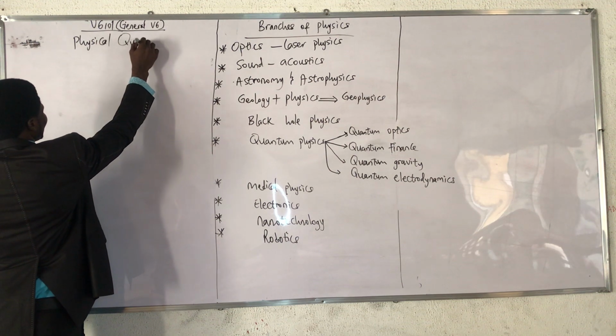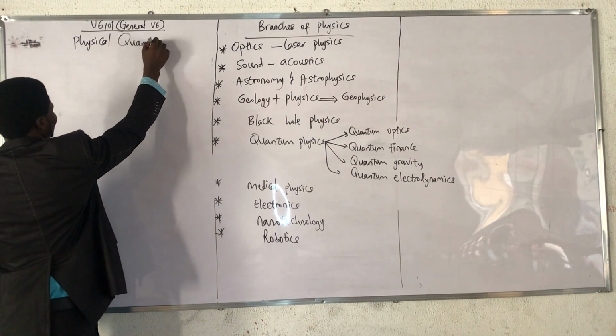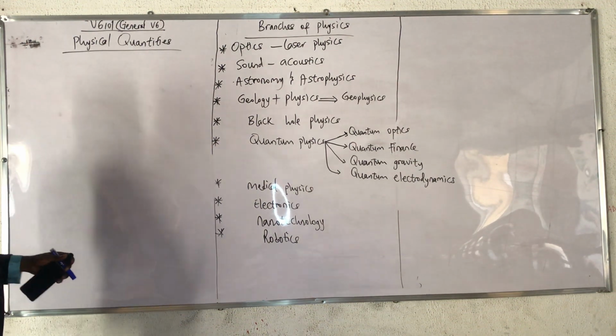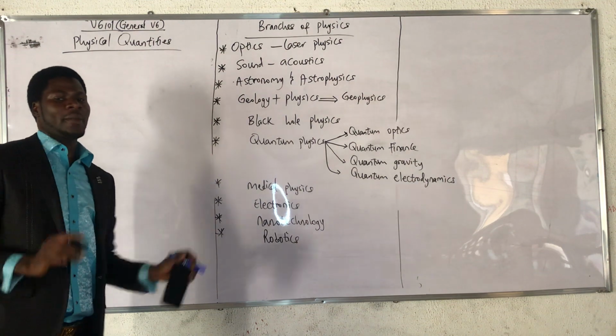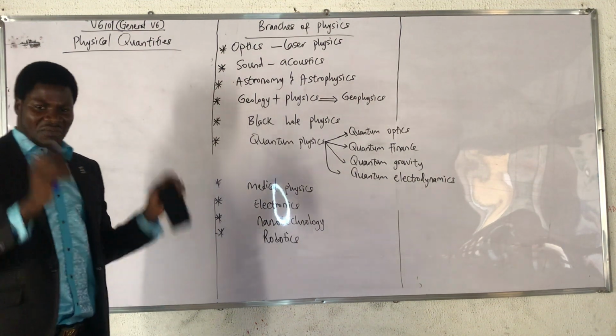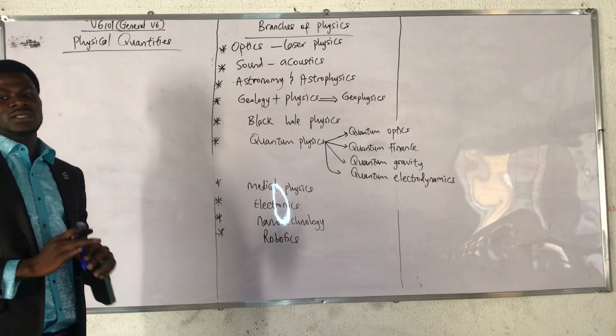So that's why we call it general physics. That's the first topic there. After you know what physics is and the branches of physics, the first main topic we deal with is physical quantities.